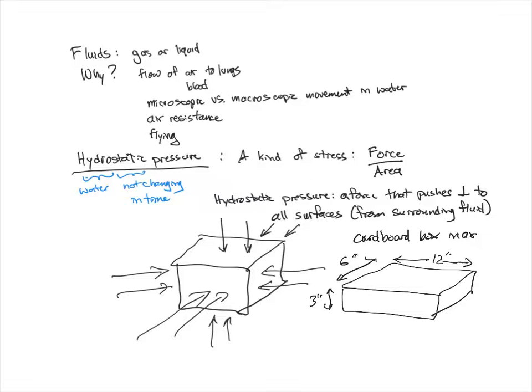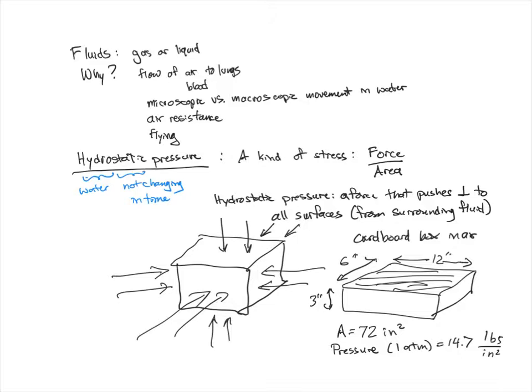So let's think about the force from the hydrostatic pressure of the atmosphere on the top surface of the box. The area of that top surface would be 6 inches times 12 inches, which is 72 square inches. The pressure due to the atmosphere, so 1 atmosphere of pressure, meaning the pressure of air in the part of the atmosphere that we live in, is 14.7 pounds per square inch.